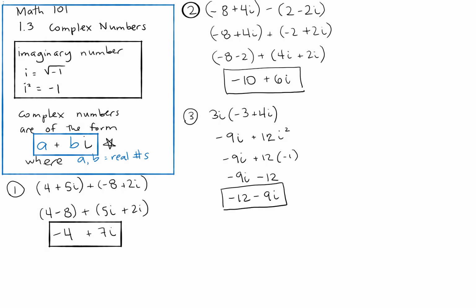I wanted to do question number 4 side by side next to question number 2, because I see a lot of people making mistakes. 5 plus 3i multiplied by 2 minus i. Well, how are we going to do that? Well, right here we have multiplication because we have the parentheses right next to each other, separated by nothing, an imaginary dot.